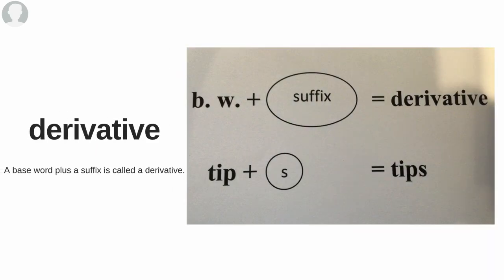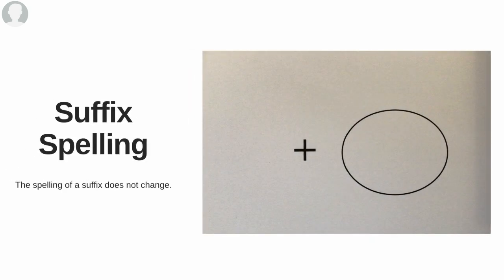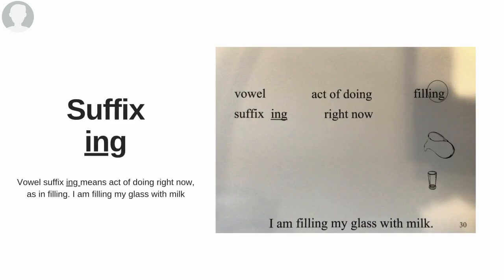Derivative. A base word plus a suffix is called a derivative. Suffix spelling. The spelling of a suffix does not change. Suffix ing. Vowel suffix ing means act of doing right now, as in filling. I am filling my glass with milk.